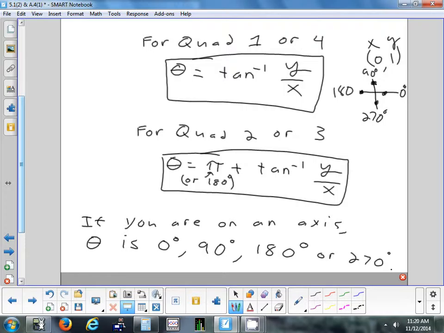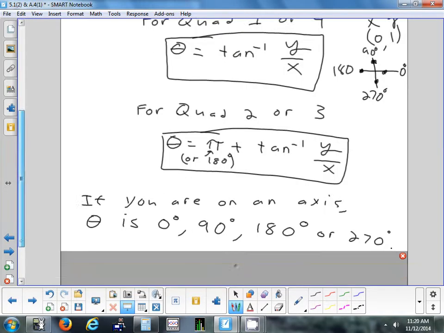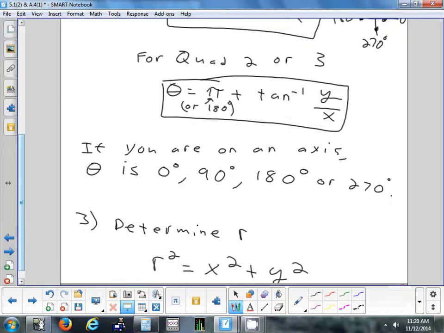So that's the easiest case. If it's on an axis, you'll see it's going to turn out really easy. The reason it's going to turn out so easy is on an axis, one of your x's and y's, one of them is 0.